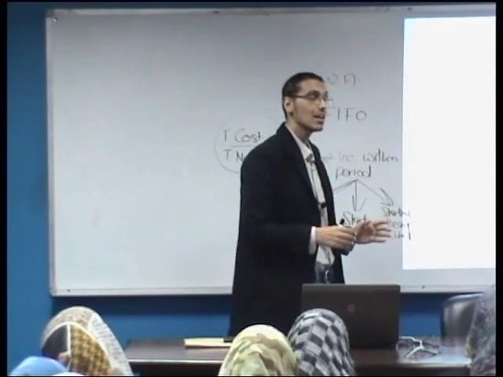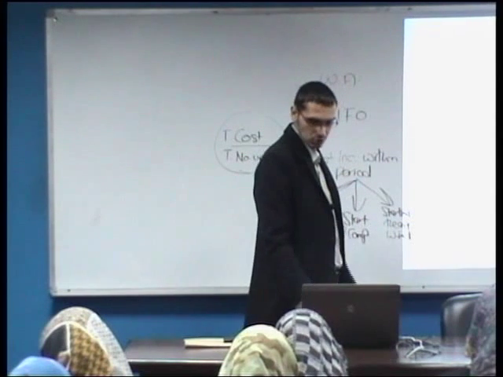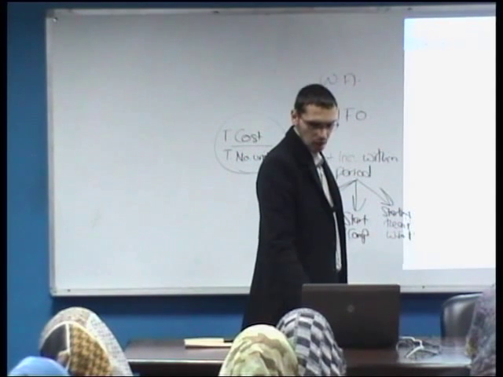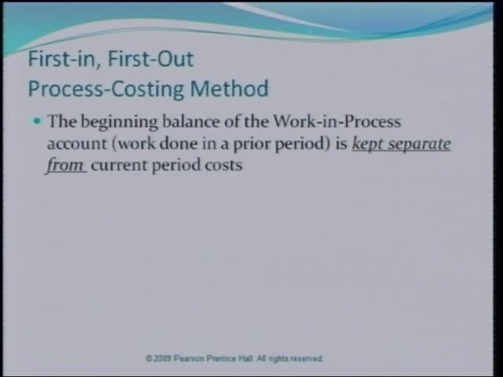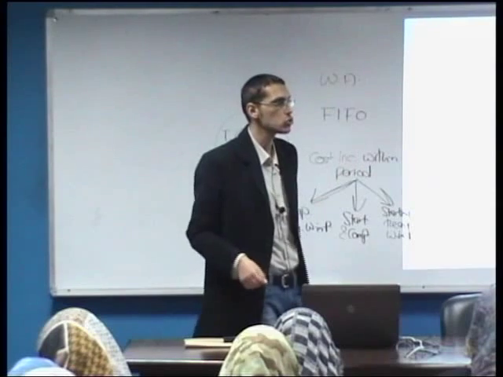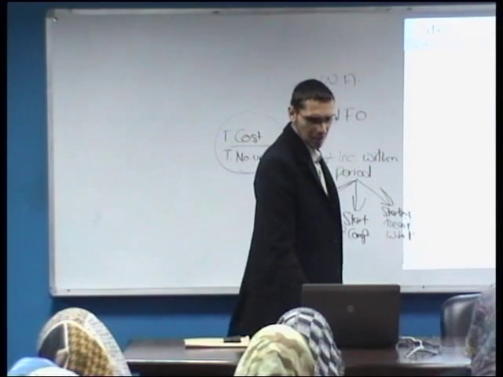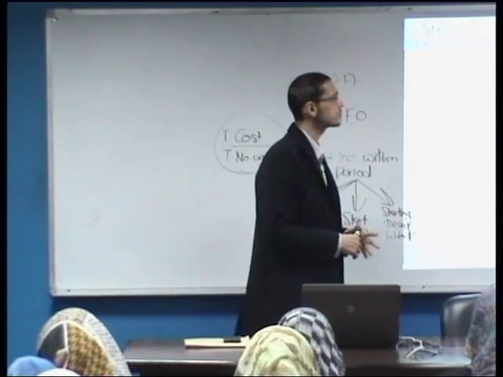This is the main idea of any first in, first out method. Of course, the beginning balance of the work in process account is kept separate from the current period cost. Therefore, we have a separation, not like the weighted average cost that blends all the costs together. Let us now apply the steps.